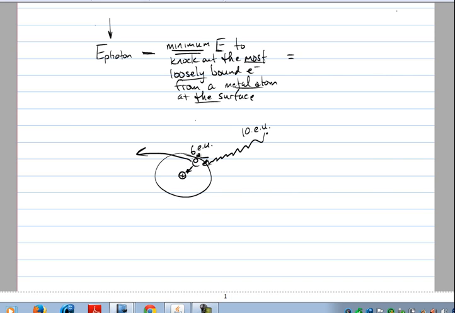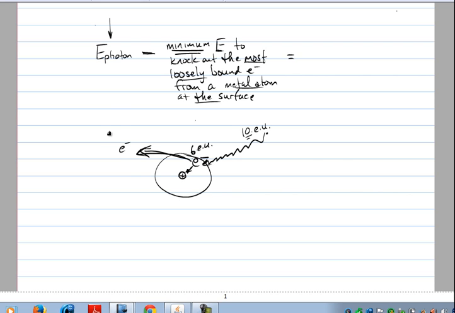Well, there's conservation of energy, so how much kinetic energy would the ejected electron have once it's knocked out of the atom? It absorbed the photon, it absorbed 10 energy units. 6 of those units were required to raise its potential energy, its positional energy, to knock it out of the atom.